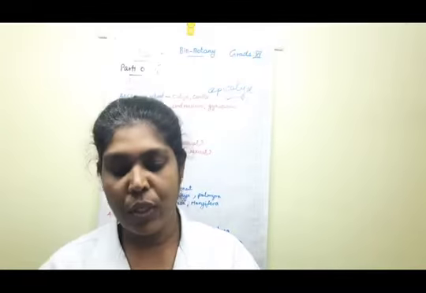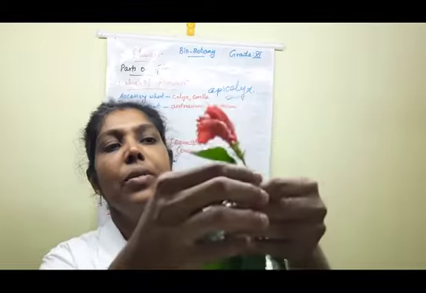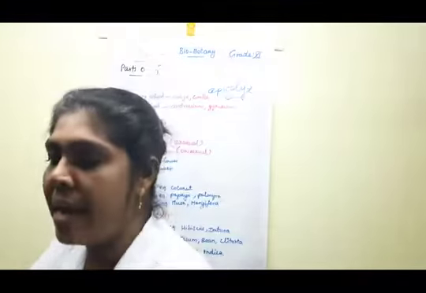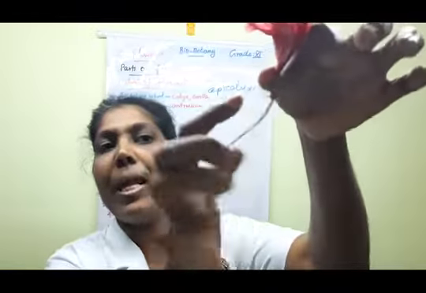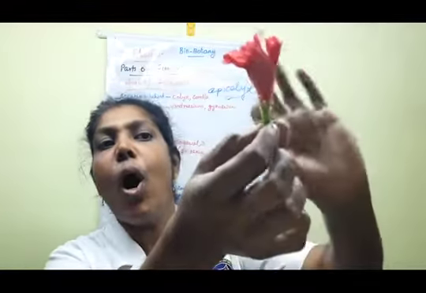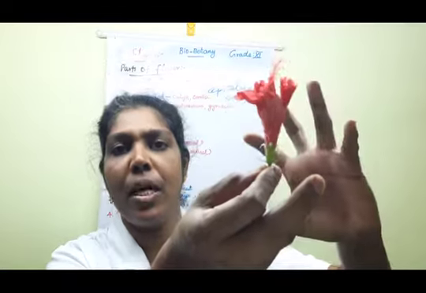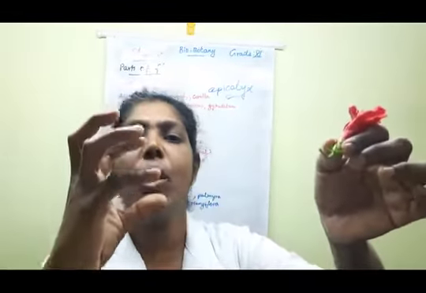Yes. Then finally, I am going to tell you about one more region, children. This is the base region of the flower, below the epicalyx. Clear? All the floral parts are held by that one region, which is known as thalamus.